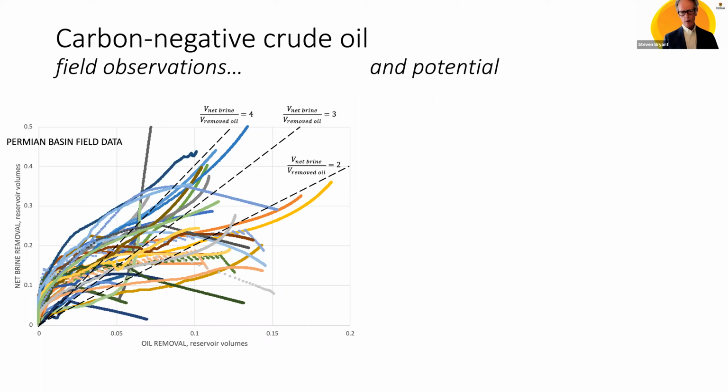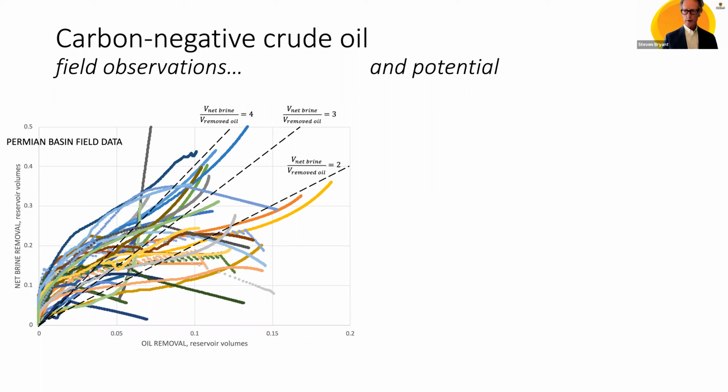What I did was draw on here the lines for 2, 3, and 4 ratio of brine to oil removal. You'll see that had that CO2 been coming from the atmosphere, many of these projects would have been producing carbon neutral oil.